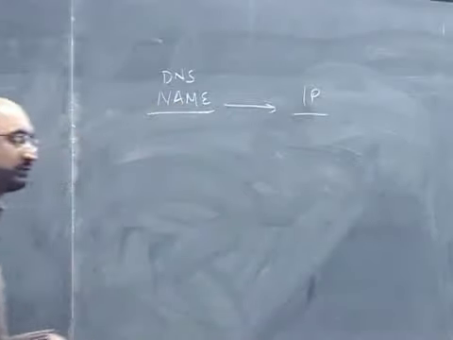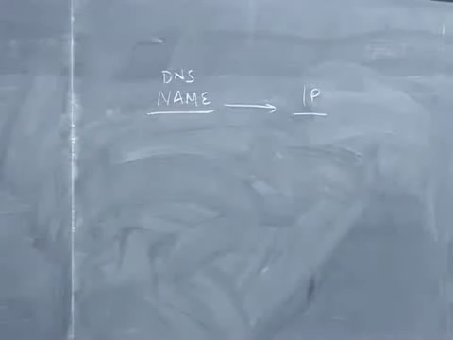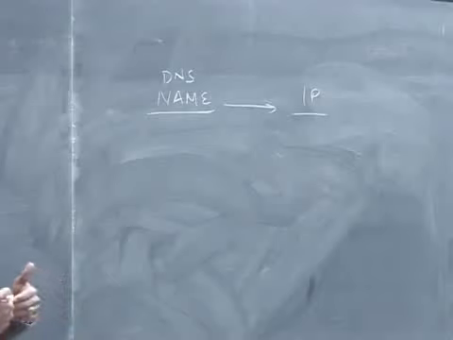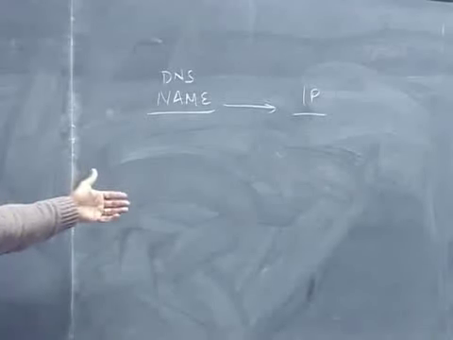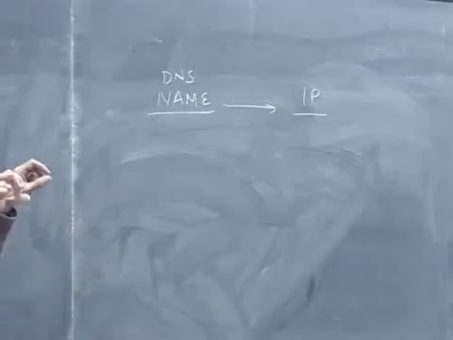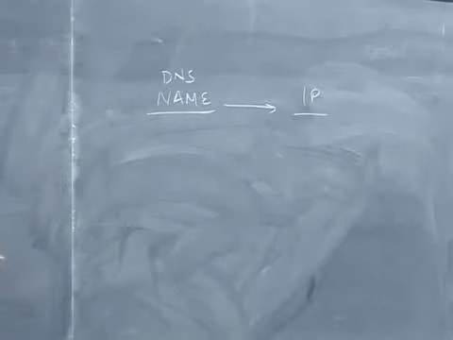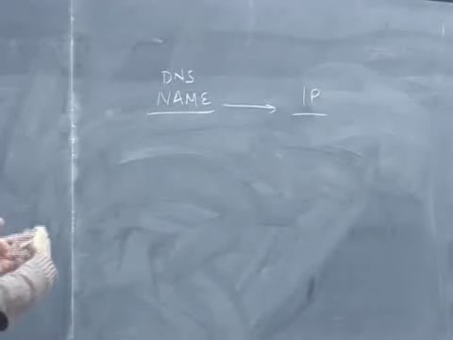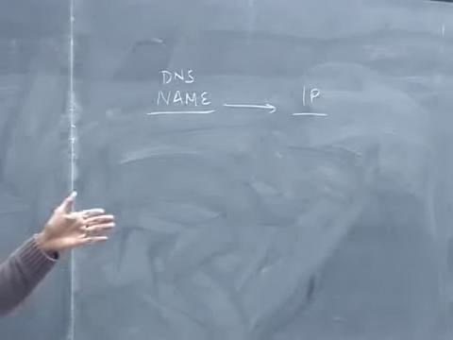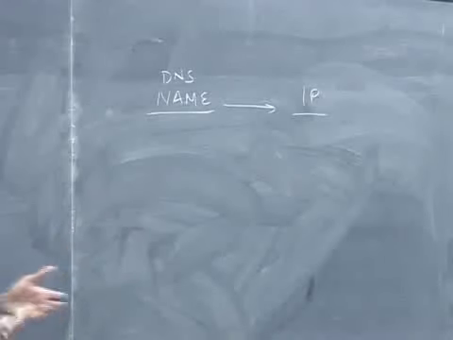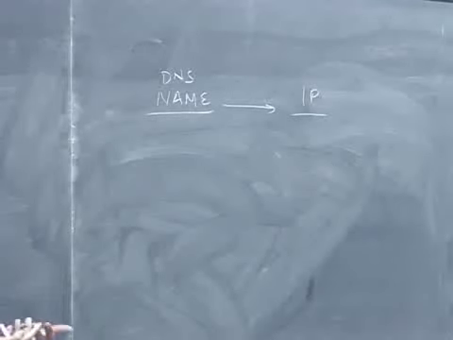The reason is that when we want to make an application level connection, the TCP level link, we have to give it an IP address. We can't give it a DNS name. So somehow we need to go from the name, like google.ca, to a particular IP address, and that translation is what is done by the domain name system.